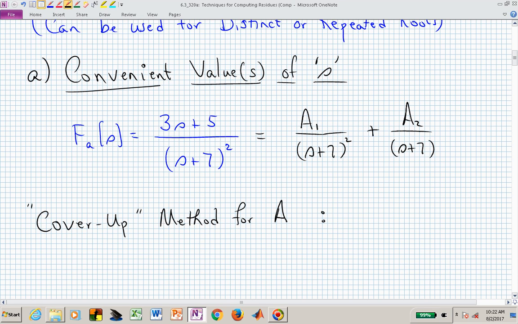We have a sub 1 sitting on top of that particular factor, which is (s plus 7) squared. So we can use the cover-up method to find a sub 1.